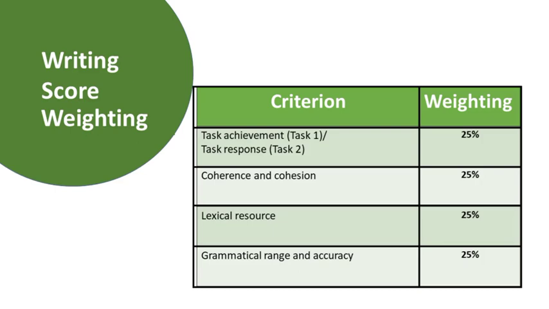Coherence and cohesion also weighs 25%. The third criterion, which is lexical resource, weighs 25%, while grammatical range and accuracy as the last and fourth criterion weighs 25%. So you're having 100% for the four criteria with 25% for each criterion.